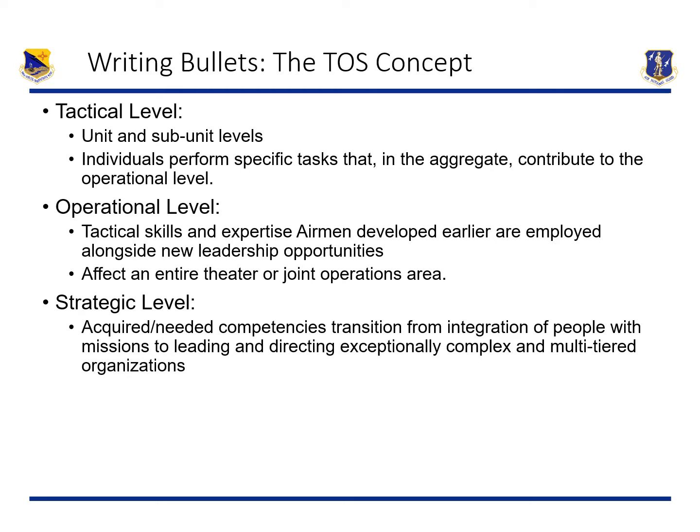Those competencies influence people and teams to achieve an operational or strategic level objective. At this point, you're going to see teams mentoring multiple teams, maybe combining different units, different wings, and, again, a very broad effect.